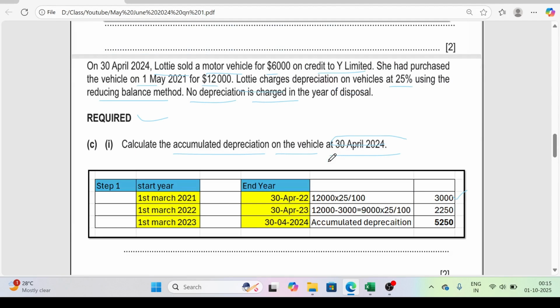Then from where they purchased the non-current asset. She had purchased the vehicle on 1st May 21 for 12,000. On 30th April 24, Loti sold a motor vehicle for 6,000 on credit to Y Limited.